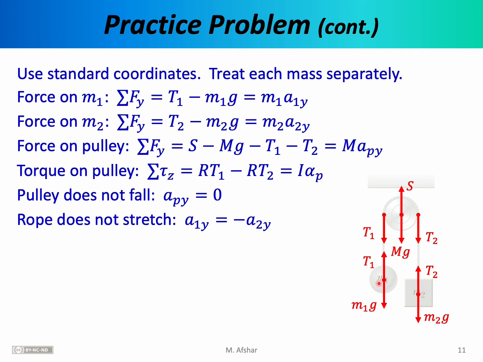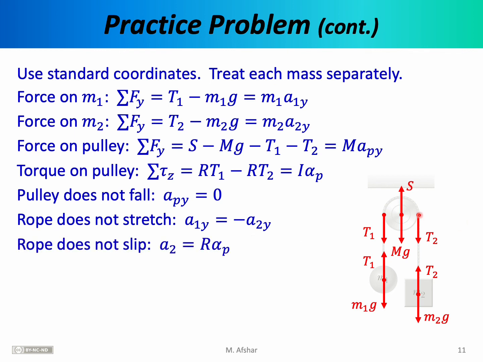And what that essentially means is that the acceleration of mass 1 must be equal to the acceleration of mass 2. More precisely, if mass 1 is accelerating downwards by some amount, mass 2 must be accelerating by exactly the same amount but in the opposite direction. So we can relate a1 and a2 very simply as follows.